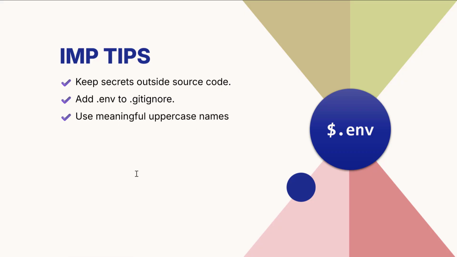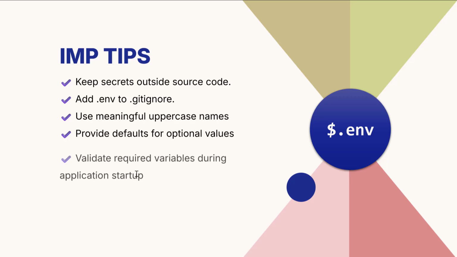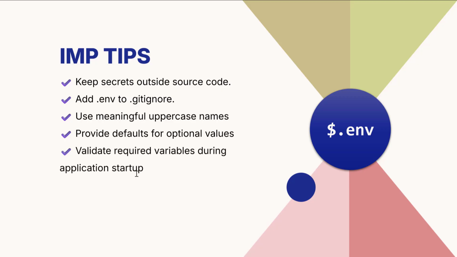Next, we should always use meaningful uppercase names. We should always provide default values for optional values. We should always try to validate required variables during application startup, and lastly, we should never expose credentials in logs or screenshots. Now you know how professional Python applications manage configuration using environment variables and the .env file.